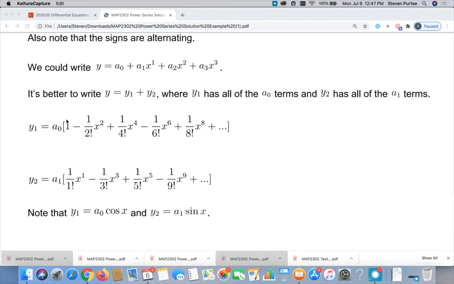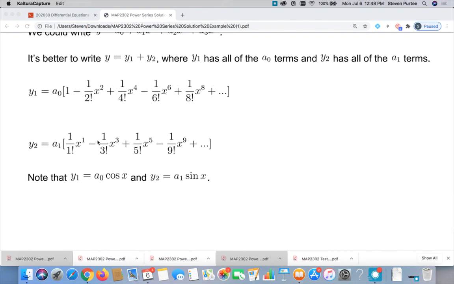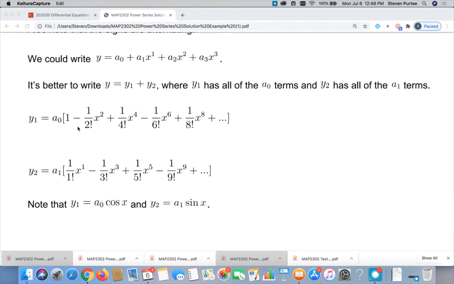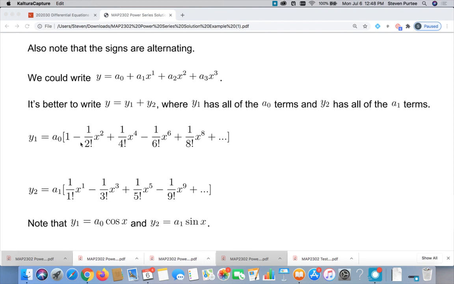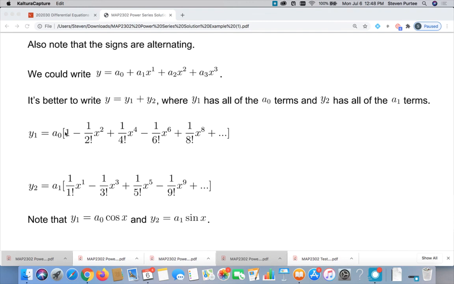These are the Taylor series expansions, technically the Maclaurin series expansions, of cosine and sine. So y1 was just cosine, and y is a0 y1 plus a1 y2. So there's our solution. Our solution is the sum of these two: y equals a0 y1 plus a1 y2.